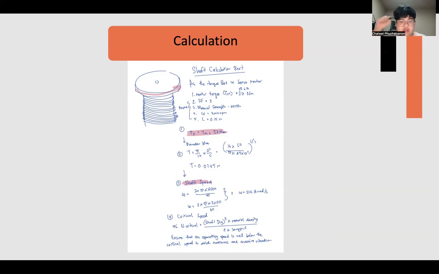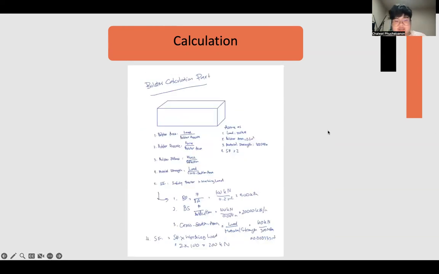As you can see, we use the formula below to find the diameter and the shaft speed. Basically, it is the critical speed, with the omega below it working effectively on the shaft.